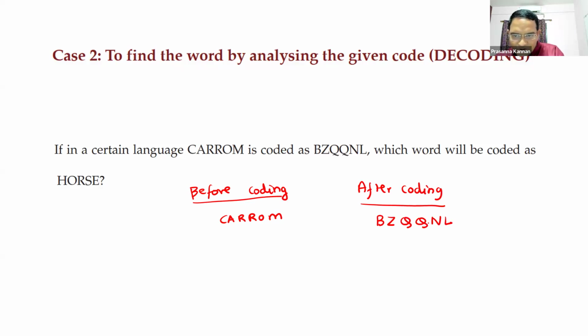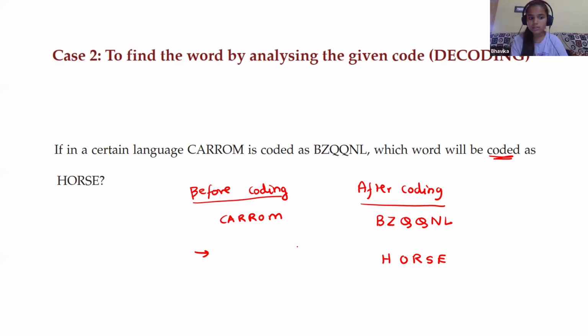BZQQNL. So the coded word is BZQQNL. So here the coded word is given. That means here you should write horse. Jivika, you have written it here, right? Sir, then the answer is GNSTF. That's what Jivika also told. Correct, Jivika?